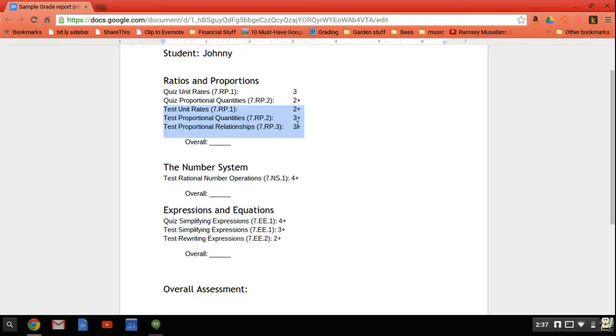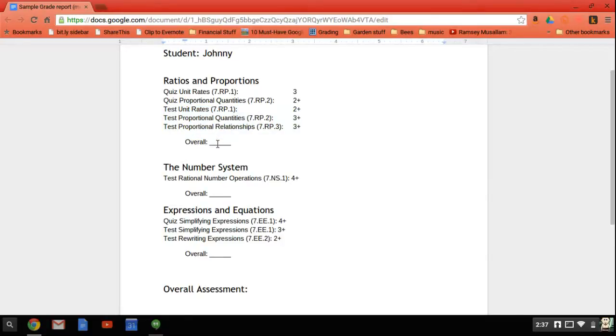And for me, I feel like the test should have a little bit more weight. He's shown growth. The quiz is something that you take en route to the test. And clearly, Johnny grew overall from time of taking the quizzes to time of taking the big test.